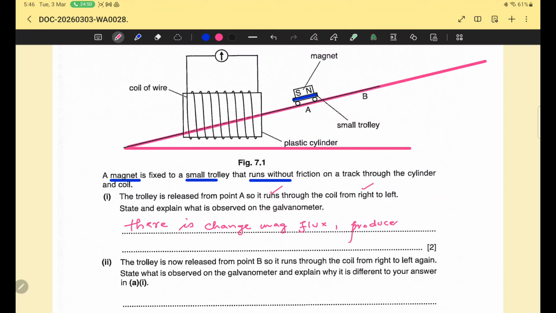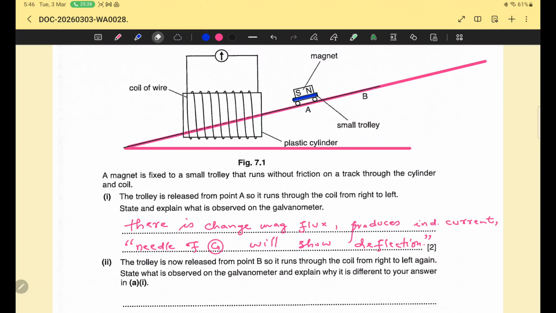It produces induced current, and when induced current is produced, the keyword for the galvanometer, needle of galvanometer will show deflection.